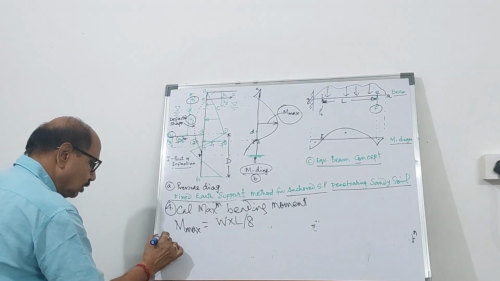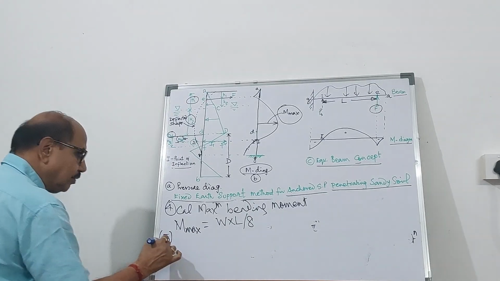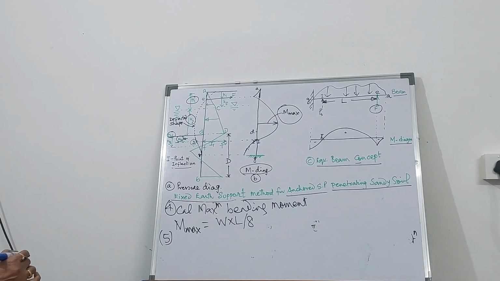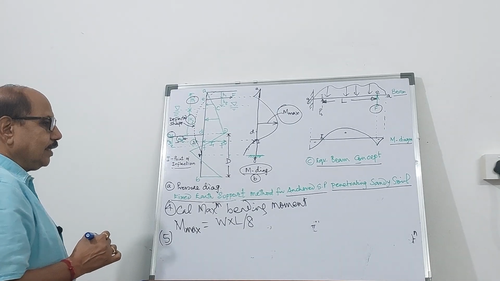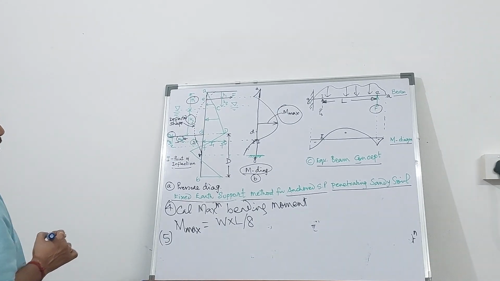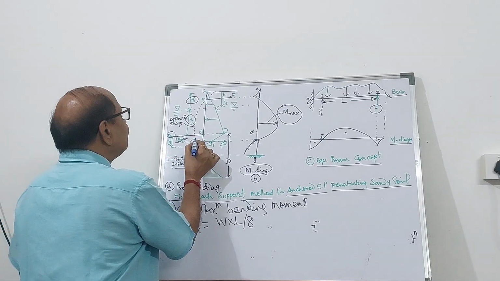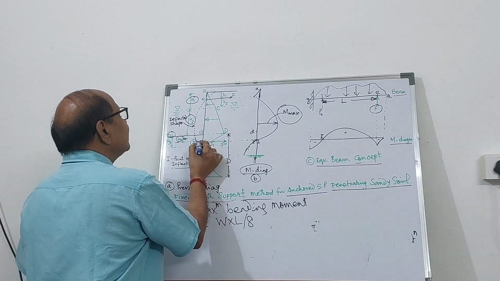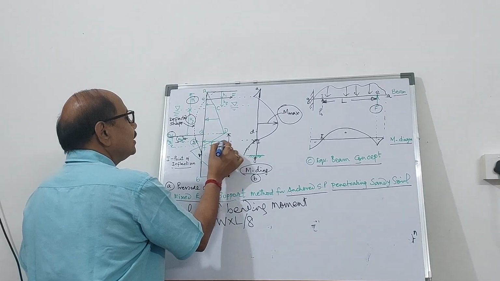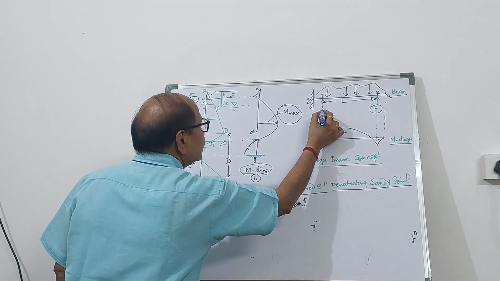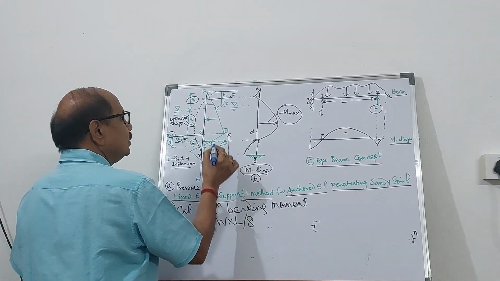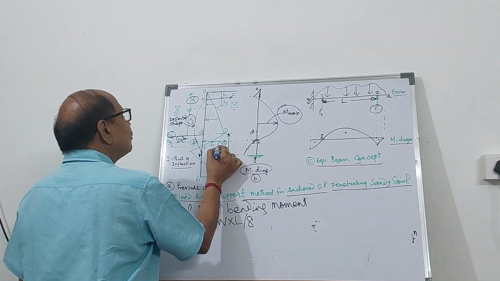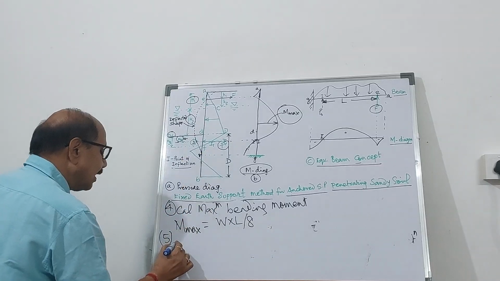Having found out the maximum bending moment, now you can find out the force P prime at the point of contraflexion I. What is the force here? The force is P prime. This force of P prime, you can find it out.